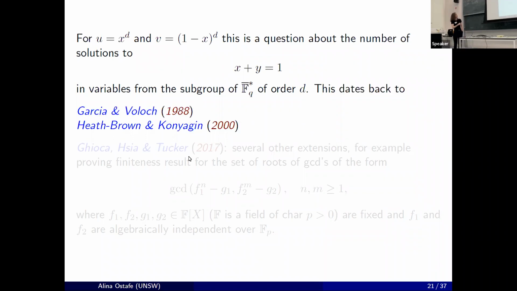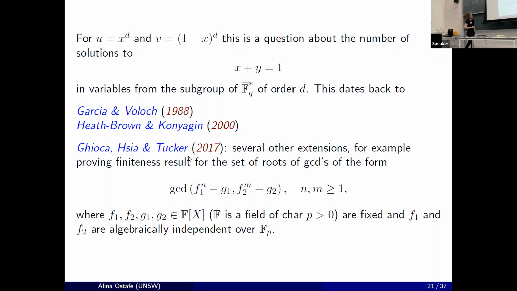And this dates back to work of Garcia and Voloch, Heath-Brown and Konyagin. So it's related to much older work. And here I just mention that there is follow-up work after Silverman by Ghioca, Hsia and Tucker, and they considered a generalization of the GCDs that Silverman considered to such GCDs where g1, g2 are polynomials over a field of positive characteristic.